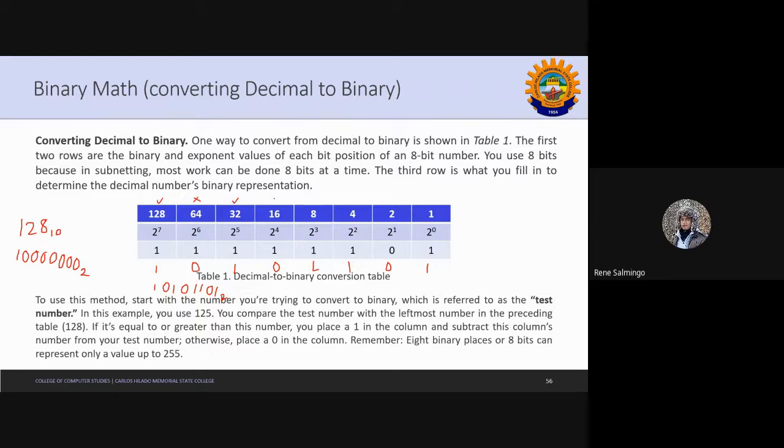Then no 16. This is no. How many do you have? Only 3, so you will add these: 1, 2, this, and this.